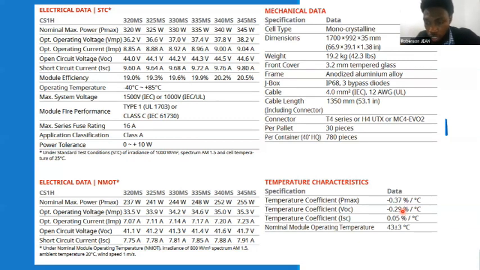And for each variation of 1 degree, we'll have a variation of 0.29% in terms of voltage. So here we see that the temperature can really affect the power, the voltage, and also the current of a photovoltaic system.